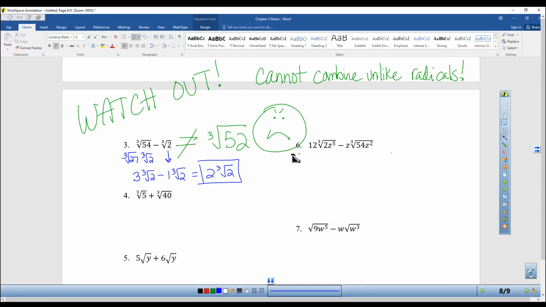I will put the answers here for you, but make sure you show your work. 2z cube roots of 2z squared will be the answer. This one will be 2w squared square roots of w. It's not hard. It's just people don't want to do the work. They just add them. And you can't do that.